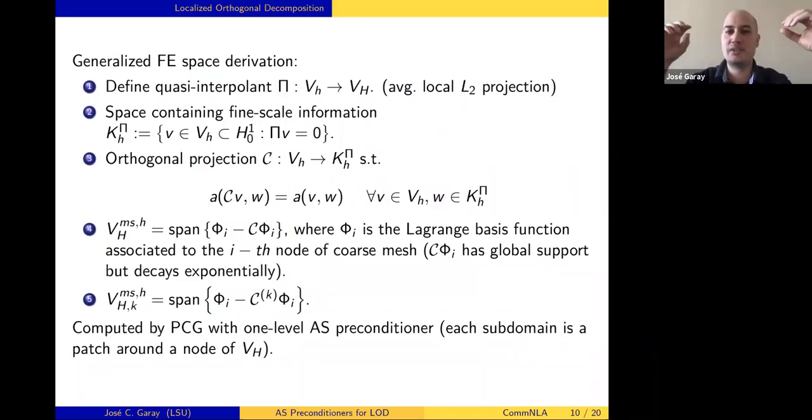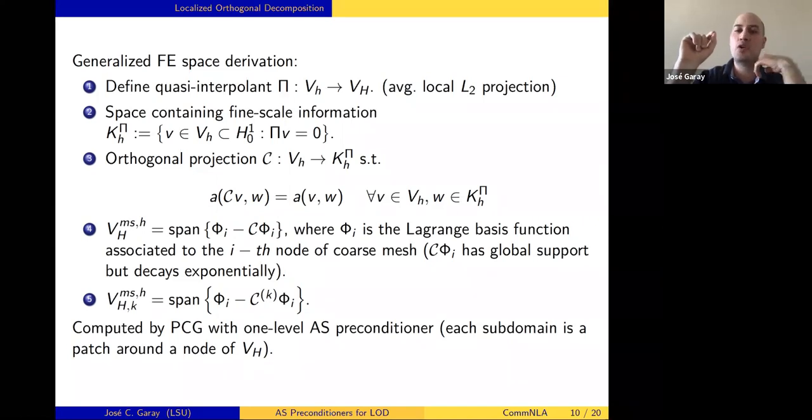There are two equations that we solve: one is the corrector equation, and one is the linear system for the LOD case. The subdomains for the corrector equation are patches around each node. We take a coarse node, and the subdomain is the union of the elements that have this node in common.